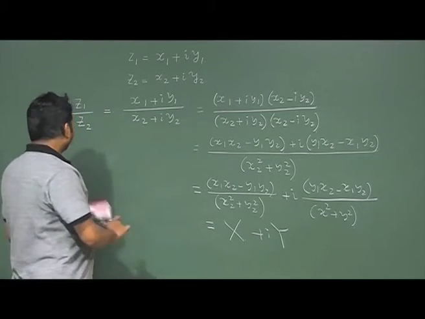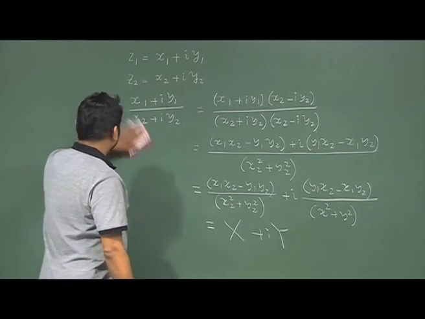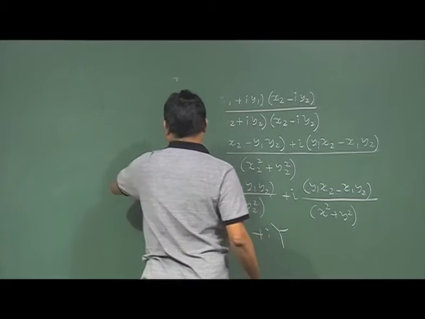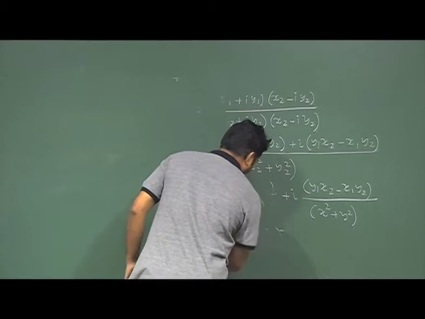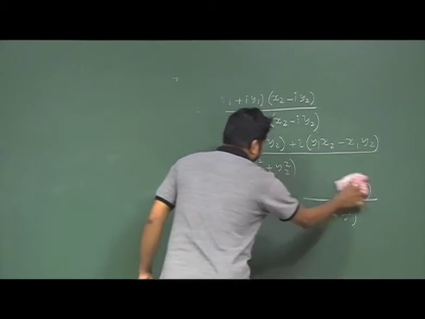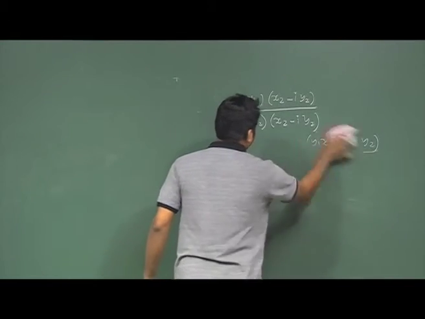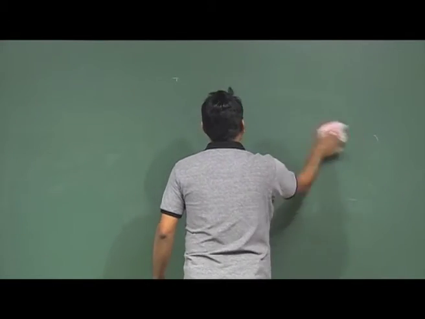So small kinds of problems will be there. For example, a complex number is given to you and you are asked to find the imaginary part of that.